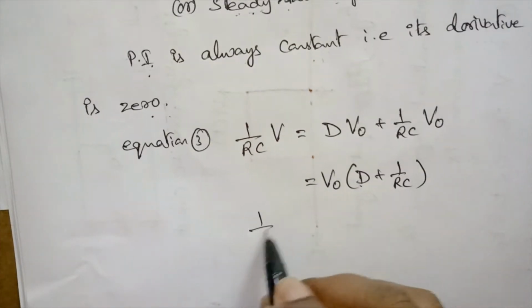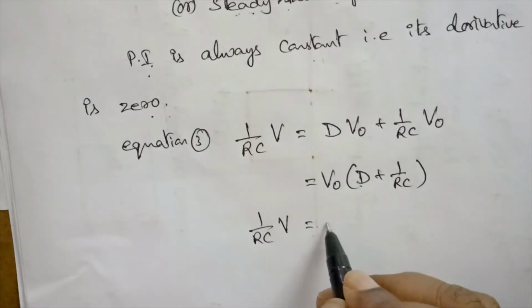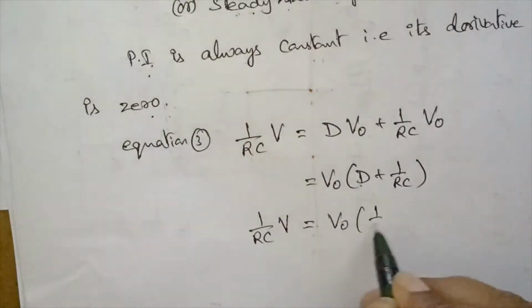Then what happens? 1 by RC into V is equal to V0 into 1 by RC.